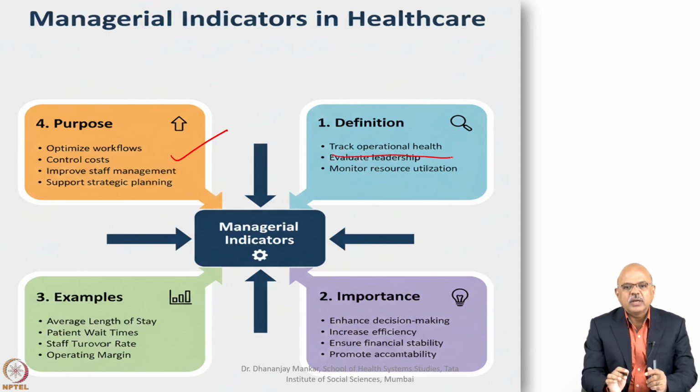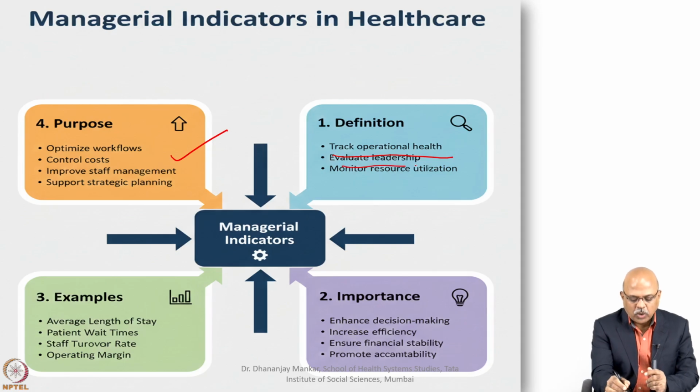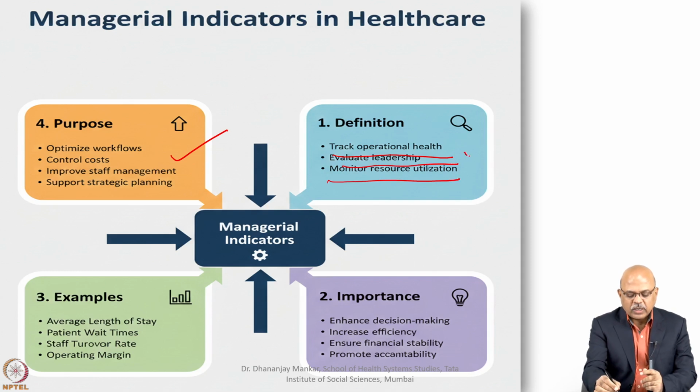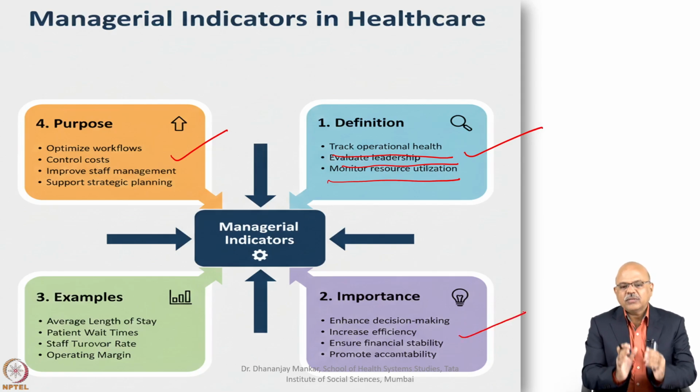It evaluates the leadership. It monitors the resource utilization. So the very first part that you need to focus on is the definition, like how managerial indicators have been taken. Then comes the importance of it. It enhances decision making, it increases efficiency, it ensures financial stability and promotes accountability.